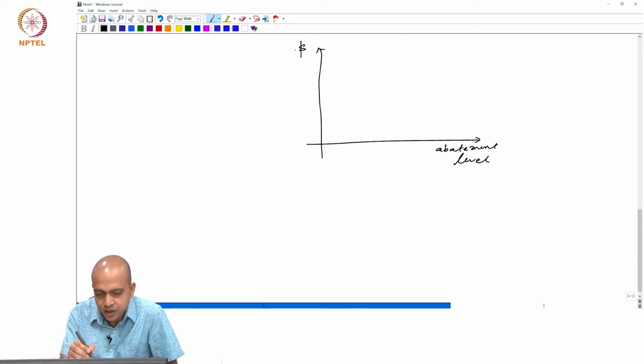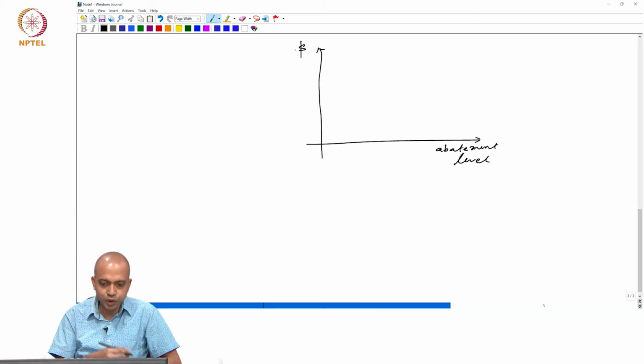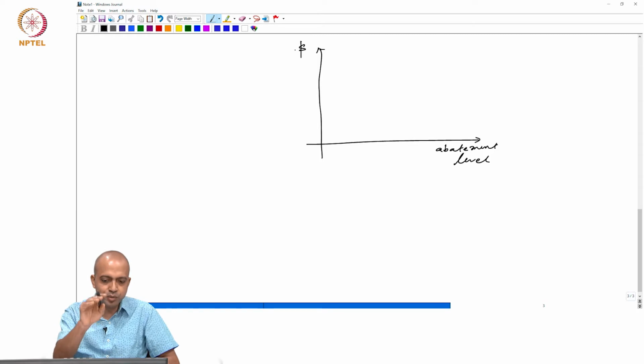What is the advantage of putting dollar in the y axis? Because you can measure the cost of abatement, benefit of abatement, everything, because everything has to be measured in monetary units. That is why we are measuring only dollar in the y axis, or you can put rupees.